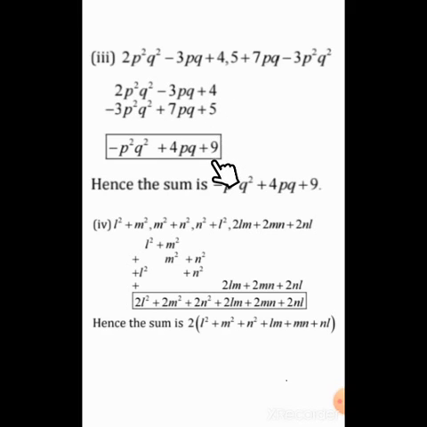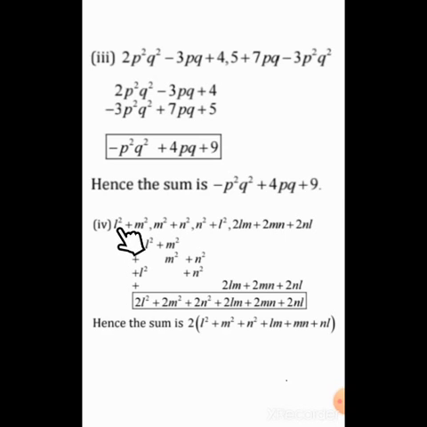Plus 4 plus 5 is plus 9, minus 3pq plus 7pq is plus 4pq, and plus 2p square q square minus 3p square q square is minus p square q square. So our answer is minus p square q square plus 4pq plus 9.